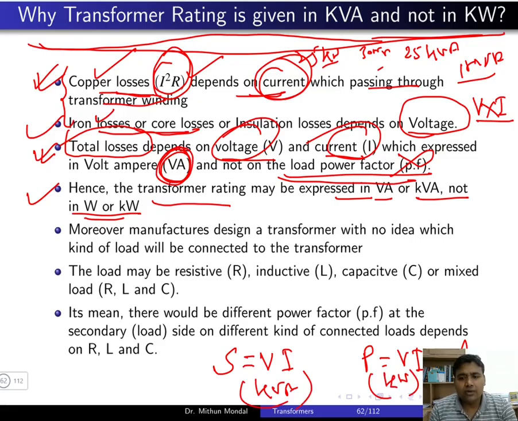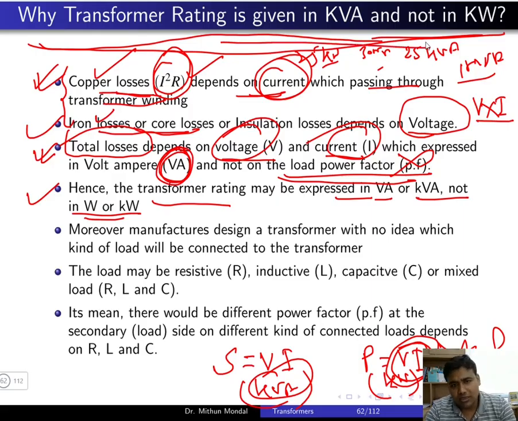This cos phi term, which is the power factor, is not required in the transformer to determine the losses. So the product of voltage and current is sufficient, which is the kVA or the volt ampere of the transformer. Hence the answer is: transformer rating is given in kVA, not in kilowatt.